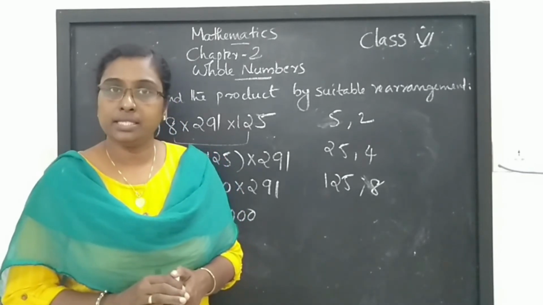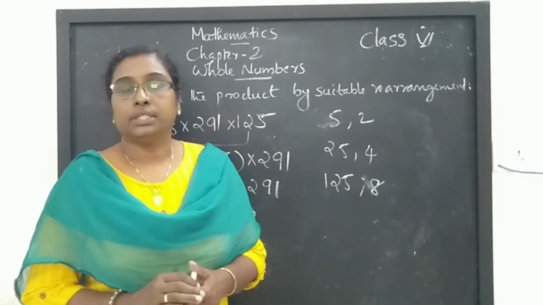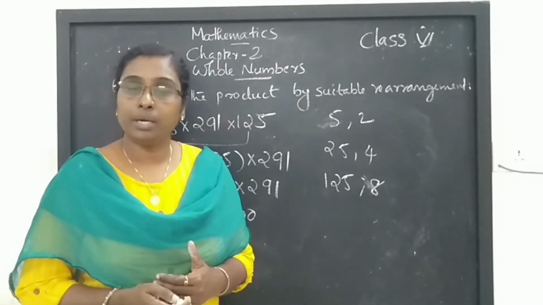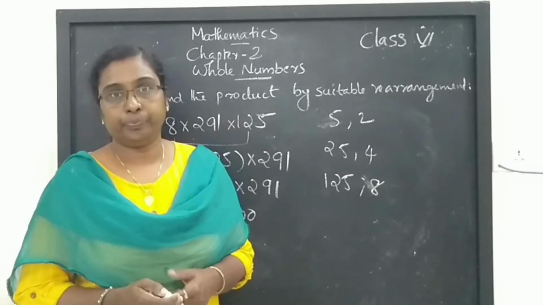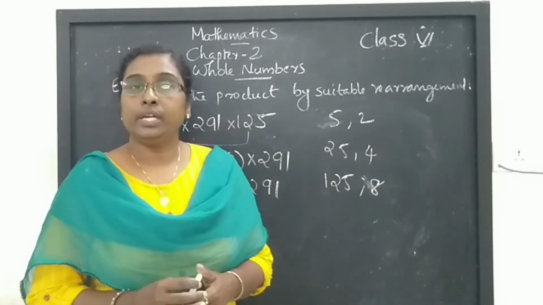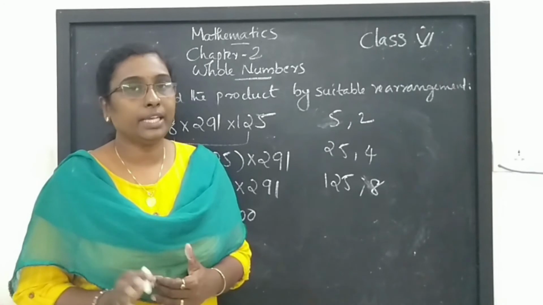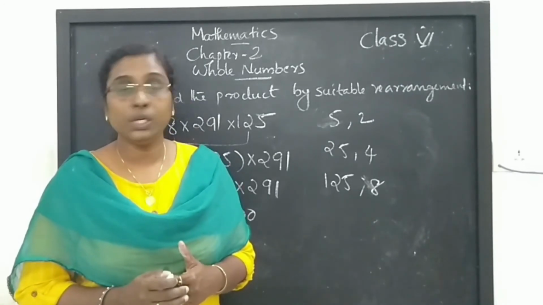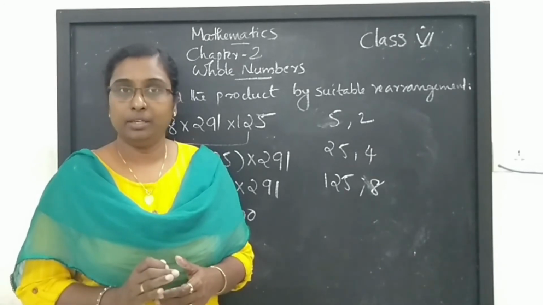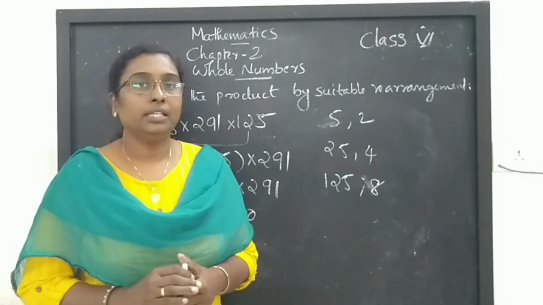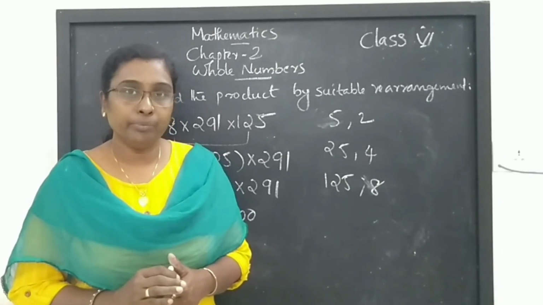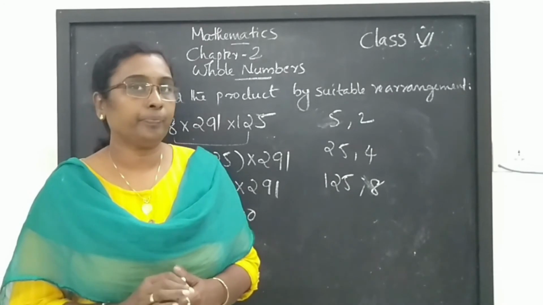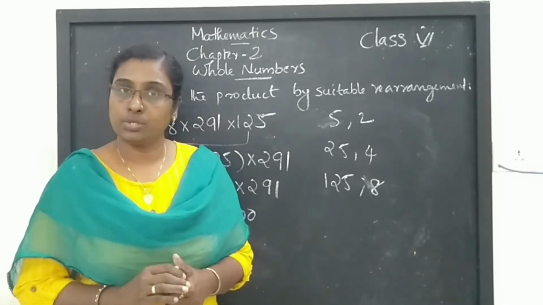The next property is commutative. The commutative property states that we can add two numbers in any order, and we cannot subtract two numbers in any order. We can multiply two numbers in any order. We cannot divide two numbers in any order. From this we can say that the whole numbers are commutative under addition and multiplication only. Okay. Then associative property.